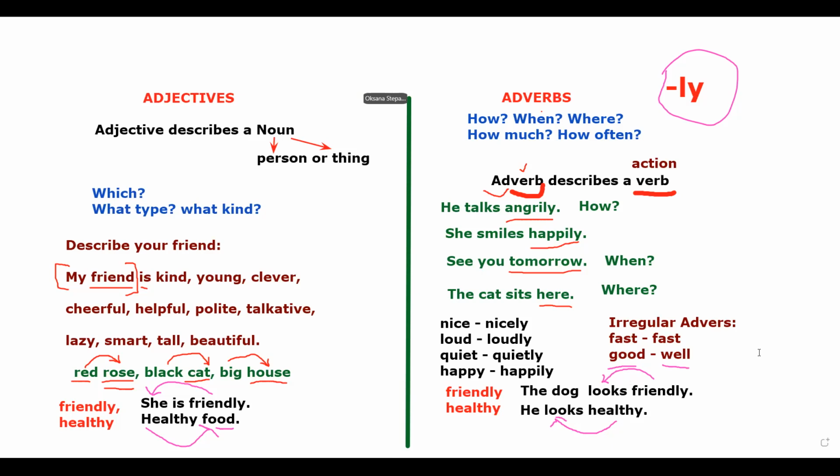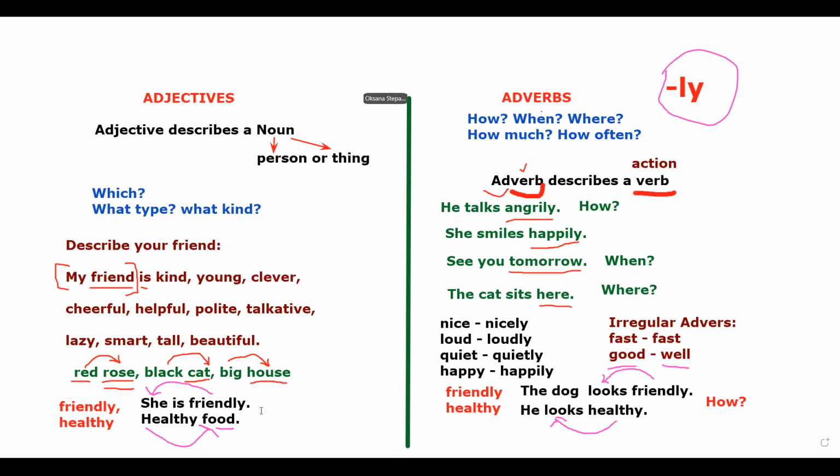Here we can put the question how the dog looks. It looks friendly. How my friend looks. He looks healthy, right? So if you put a question, you will get to know which part of grammar this is, whether it is an adverb or an adjective.